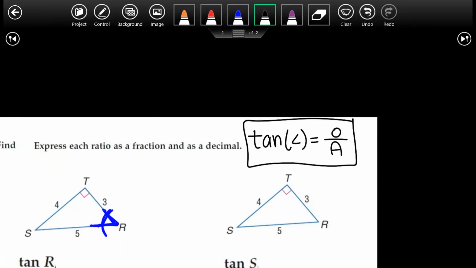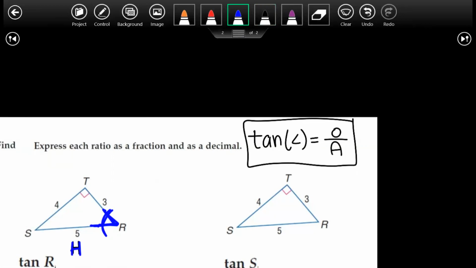What is the longest side? 4 is bigger than 5? SR is the longest side, so we always consider that the hypotenuse, or H. The side closest to the angle, this is why I want you to highlight this.